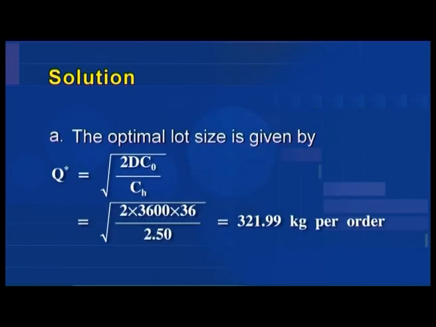The optimal lot size is given by Q star is equal to square root of 2 into D into C naught by CH, which is equal to square root of 2 into 3,600 into 36 by 2 rupees 50 paise, which is equal to 321.99 kg per order.